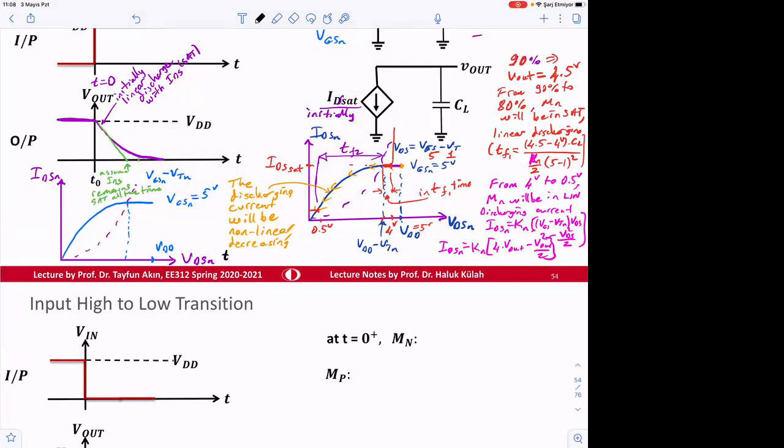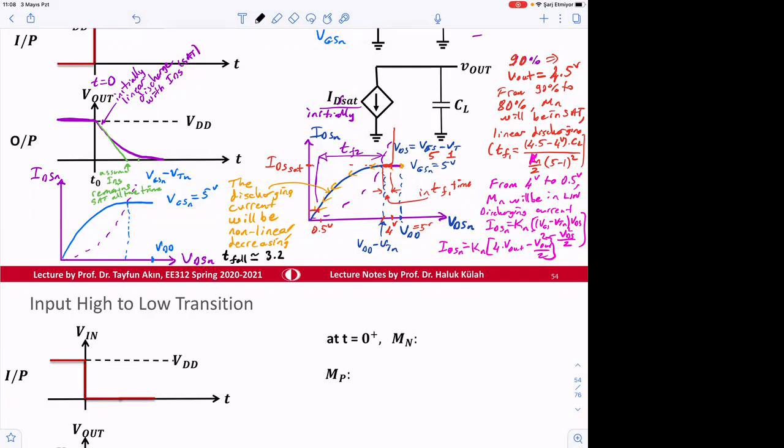T fall, 90% to 10%, is going to be approximately equal to 3.2.